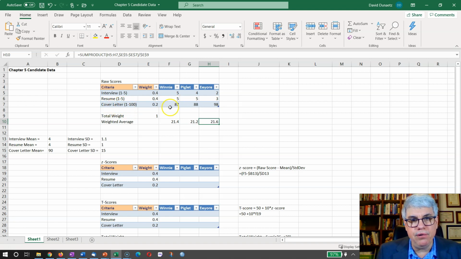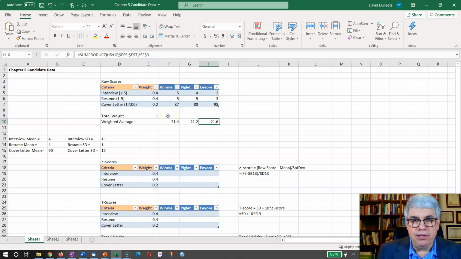So Winnie the Pooh got 11 points lower than Eeyore, and that just made Eeyore look so much better, because even though Winnie got 3 better on the interview and 2 better on the resume, it didn't make up for the 11 better on the cover letter.